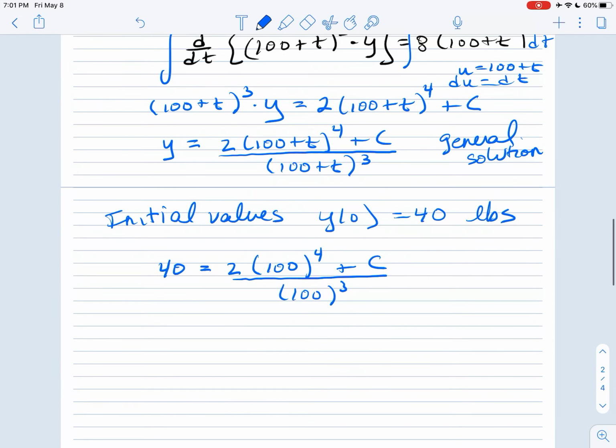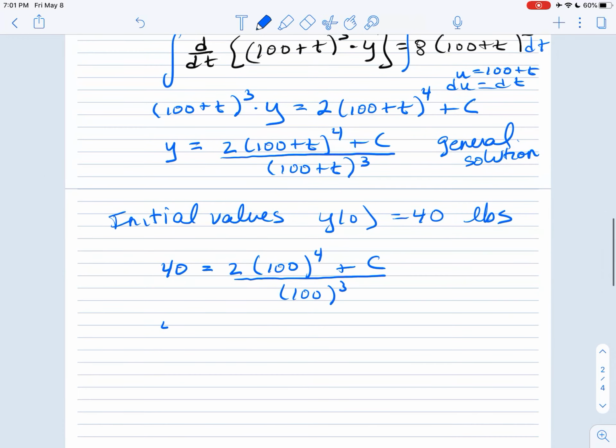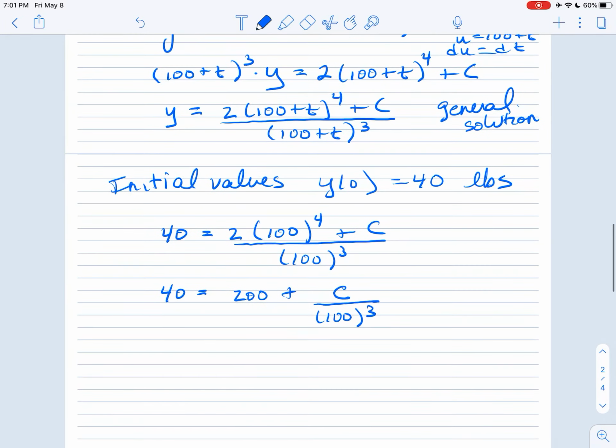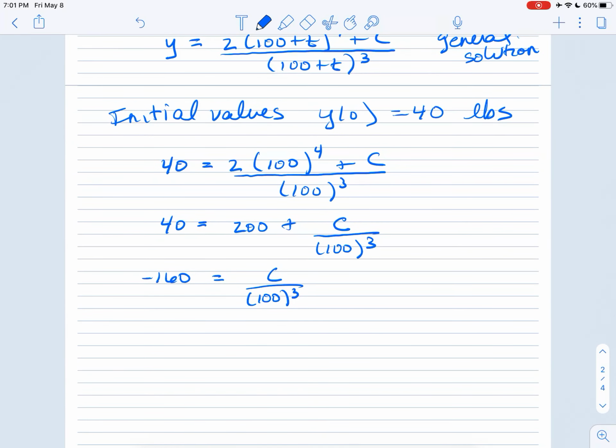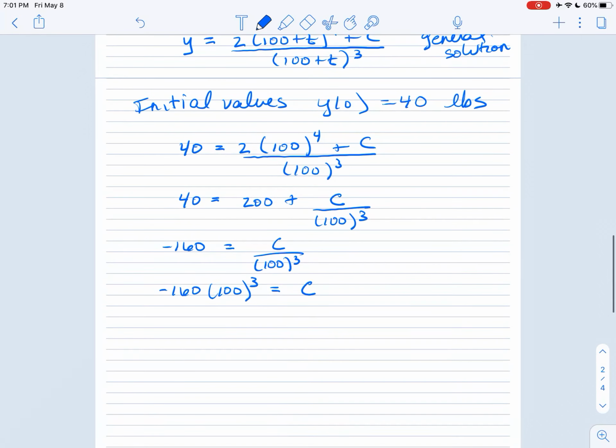Good. Next, if I were to split this up, I do end up with 40 equal to 200 plus c over 100 cubed. I can move the 200 to the other side and get a negative 160 equal to c over 100 cubed. And then in multiplying on both sides, I get a negative 160 times 100 cubed equal to my c.